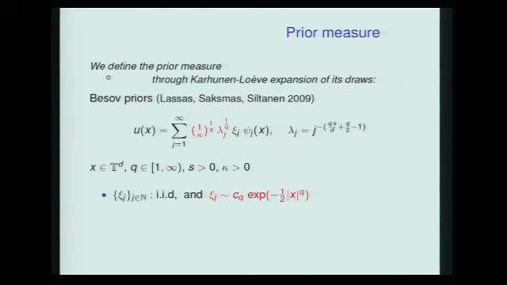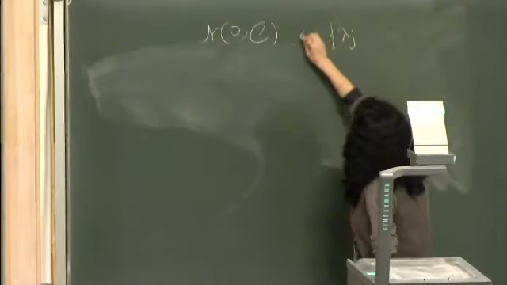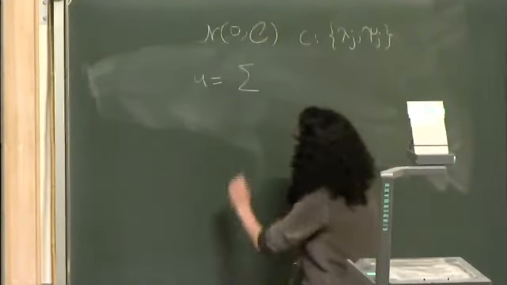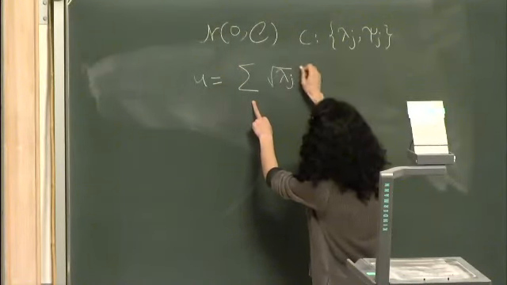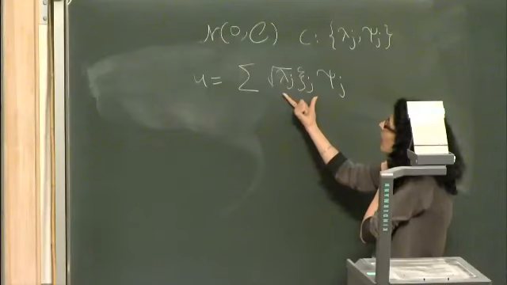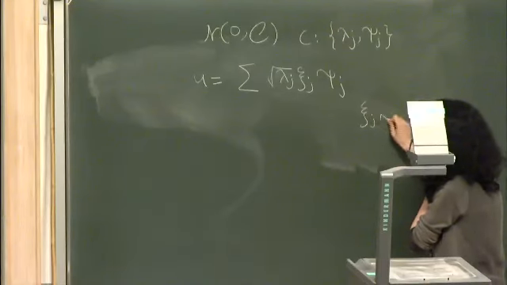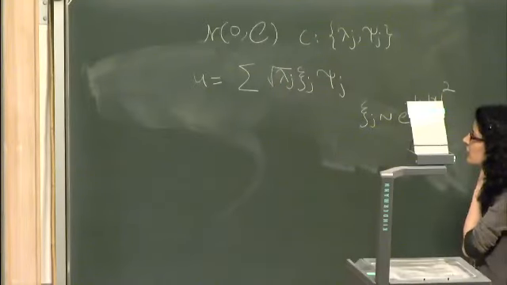If I remind you about the KL expansion for the Gaussian case, if you have a Gaussian measure with covariance operator C on a functional space X, and you know that C has the eigensystem lambda_j, psi_j, then you know that any draw from that measure can be written as an expansion in the basis psi_j, but an expansion which has random coefficients, obviously, which are just a standard Gaussian distribution in each direction.